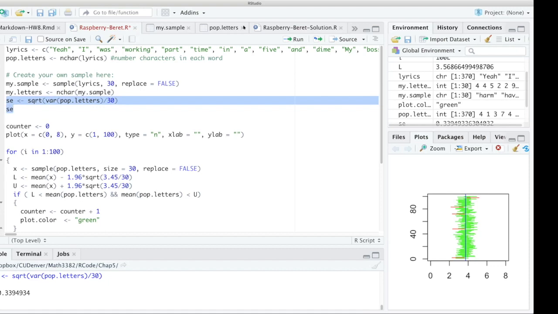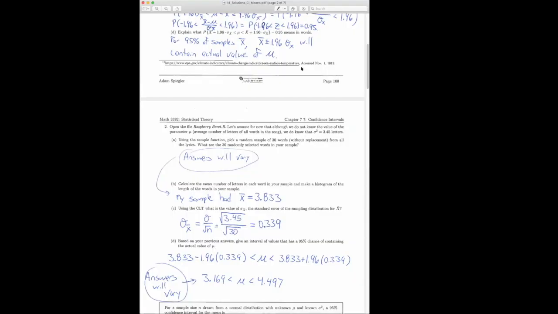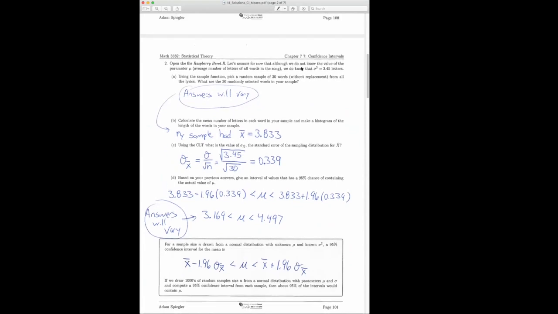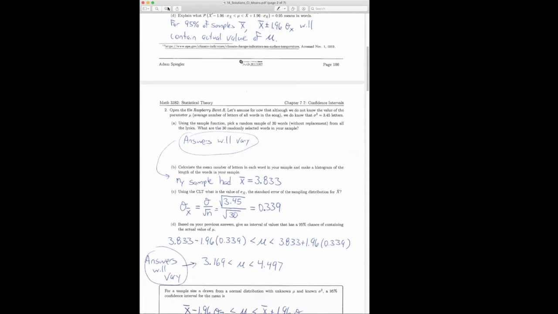And so if I wanted to calculate a confidence interval based on this sample, let me switch back to the PDF. This one is marked up with some solutions, and it might look something like this.